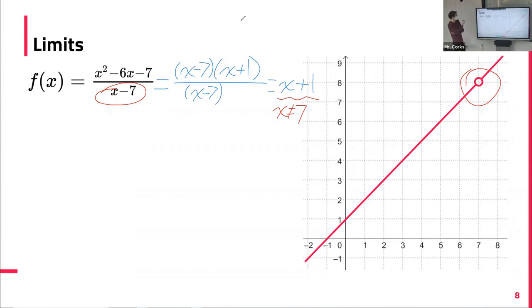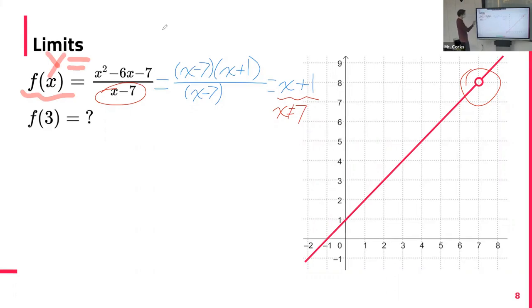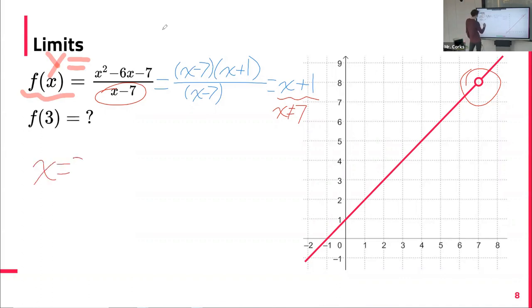I'll briefly explain the idea of limits in a moment, but just before that, I think not everyone is necessarily familiar with this kind of function notation. This is the same as just writing y equals whatever, but this notation is useful because we can do things like this. Before, we would say, well, what is the function when x is equal to 3? And we would write x equals 3, and then sub that into the equation.